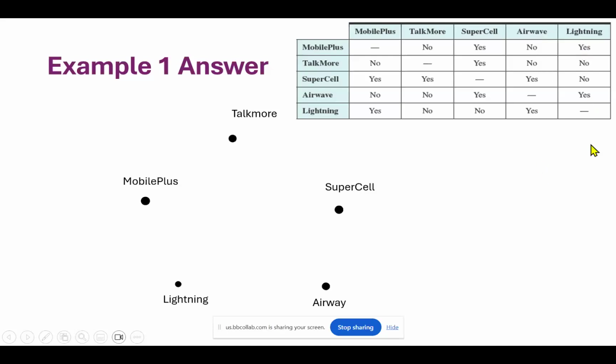So to represent this scenario, I'm going to make edges between those companies where there is an agreement. For Mobile Plus, I see two of them, so there are two edges connecting Supercell and Lightning. Then if I move on to the next one, which is Talk More, there's only one agreement with Supercell, so you see the edge in there.